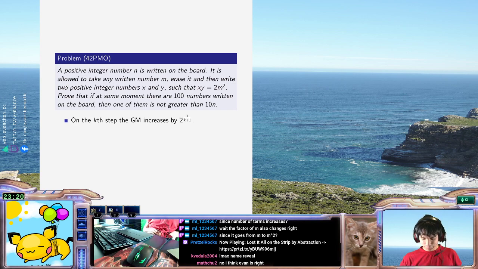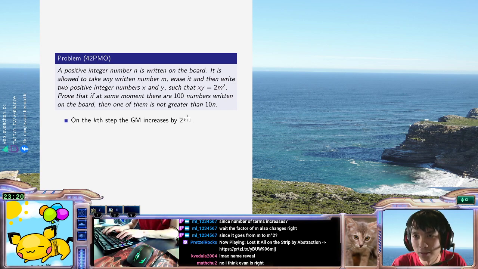So on the second step, when I have A and B, and now I have like... It really does feel like 2014 C2, I agree. How did I do 2014 C2? I showed the product increases by something. So here I want to bound the increase in some metric.